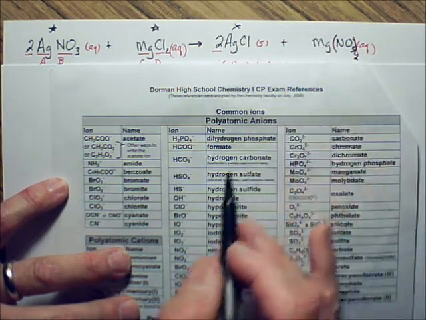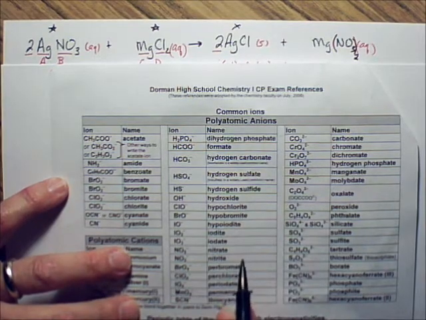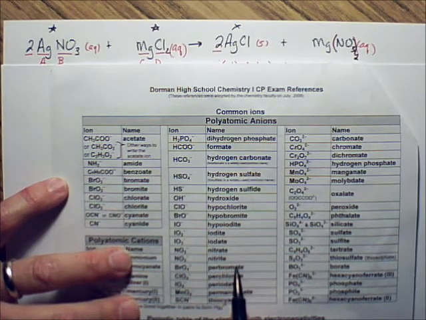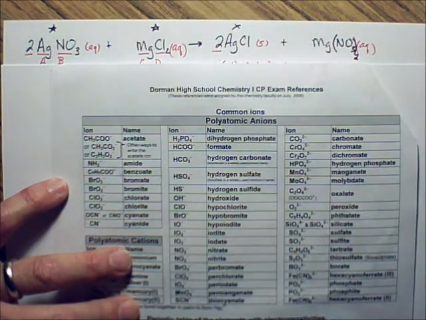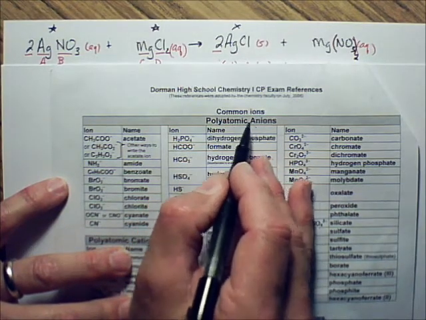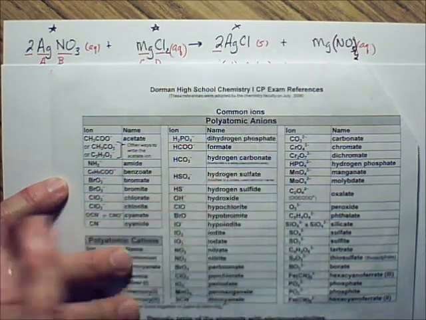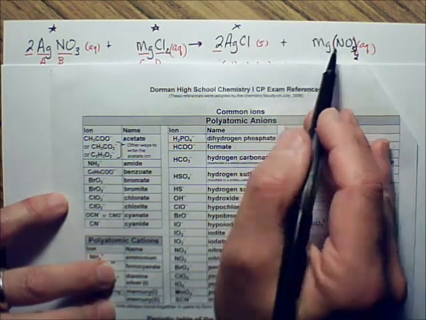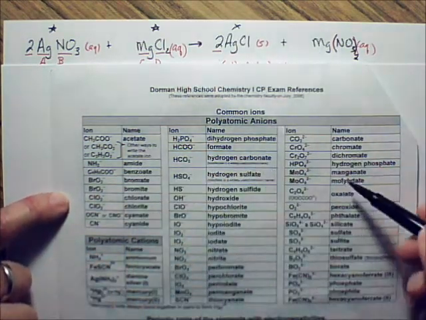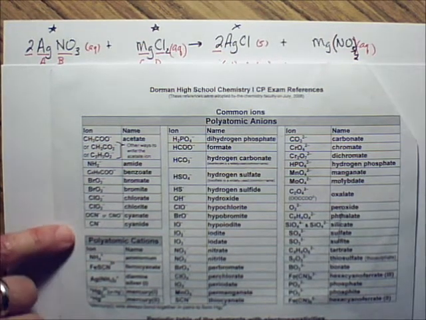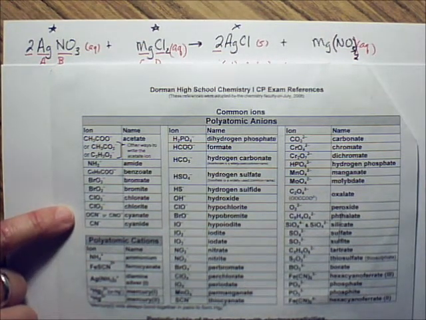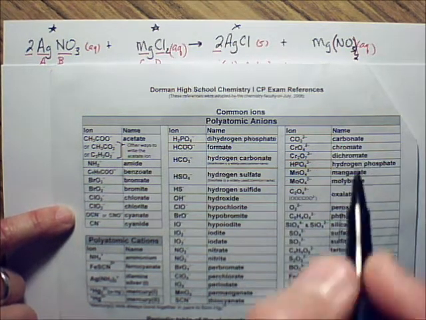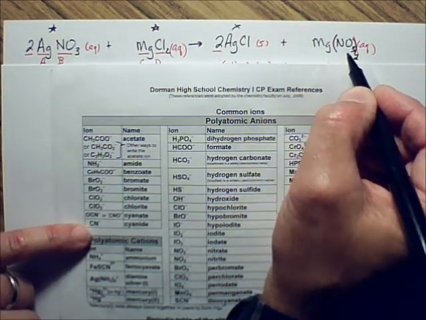If some part of this formula is on the common ions list, chances are really strong you have an ionic compound, because these are polyatomic ions. Do you see any part of this formula on this list? Nitrate. There is a polyatomic ion, therefore this substance is ionic.